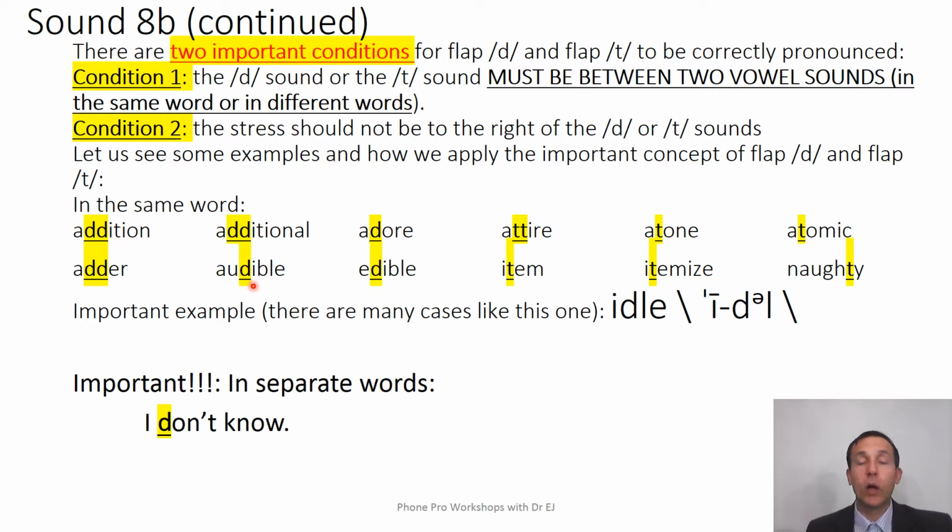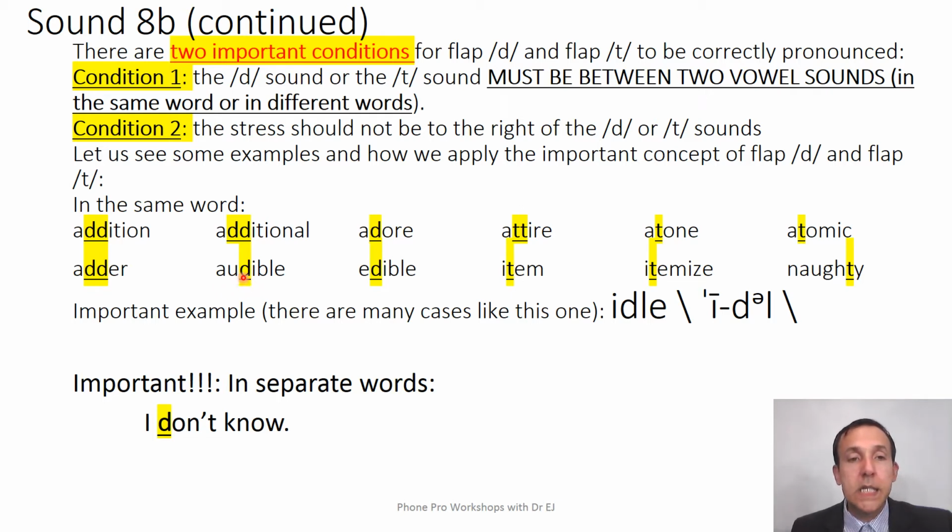Condition number 1: you have to make sure that the D sound is between two vowel sounds. Here we have the combination of letters A, U, and the pronunciation of this combination is a vowel sound, and then this is I. So these two sounds are vowel sounds.